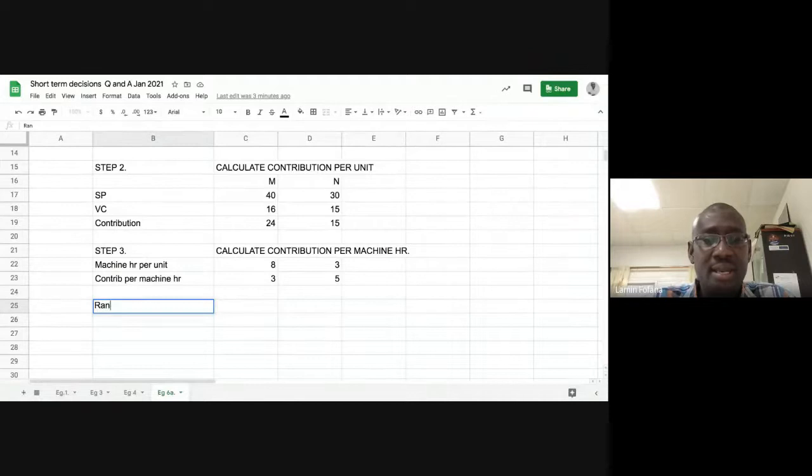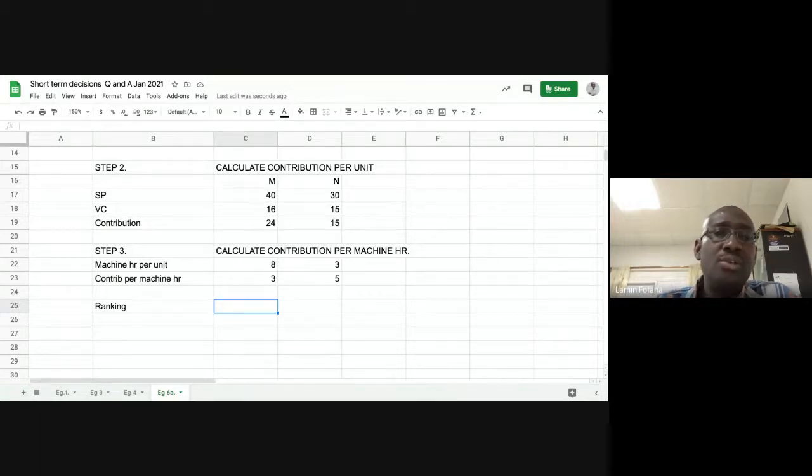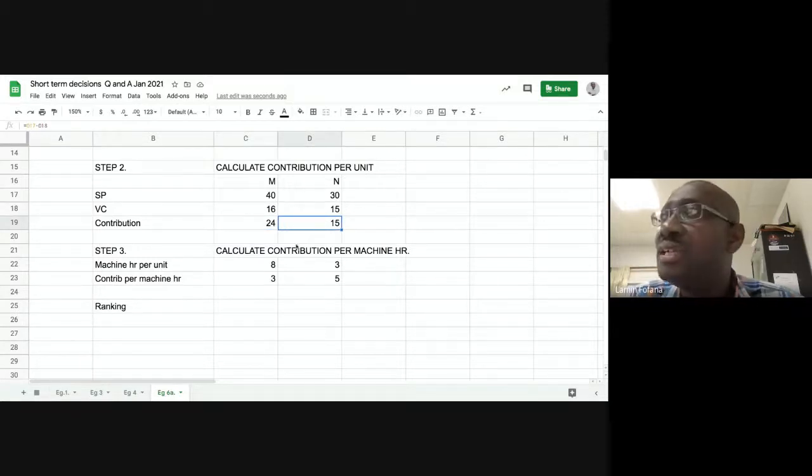Ranking means we're going to rank according to the most profitable product as per the scarce resource. And that will be the product with the highest contribution per hour. Like I said, the contribution per unit is not a determinant factor because it does not take into consideration the limiting factor.